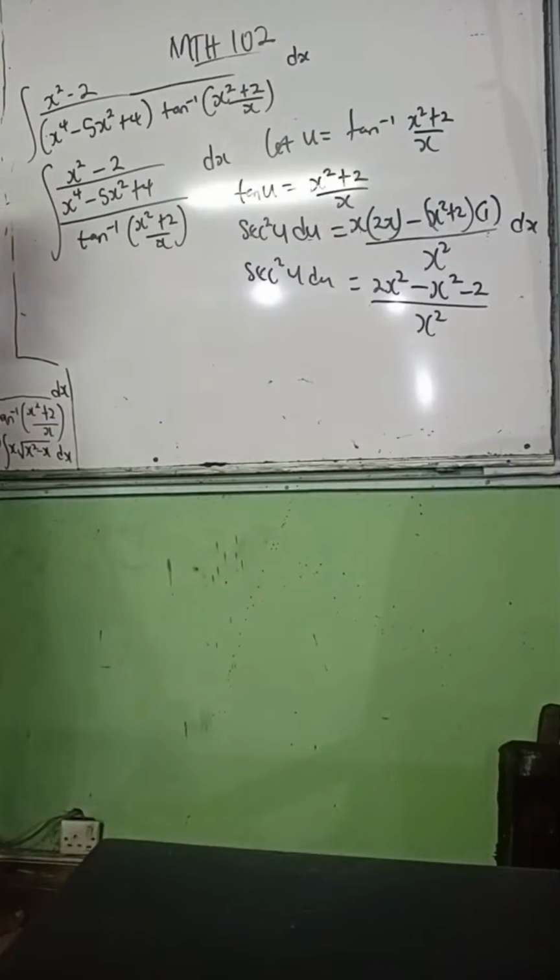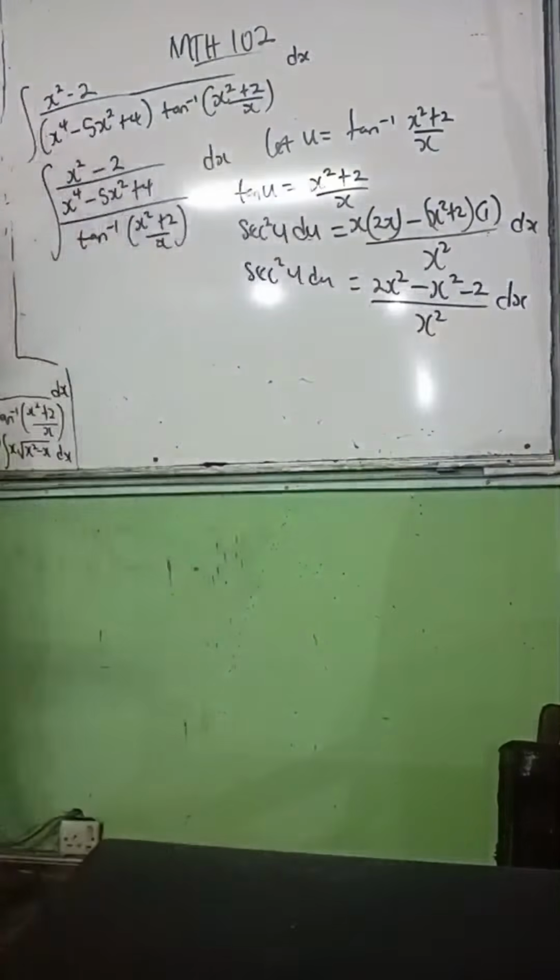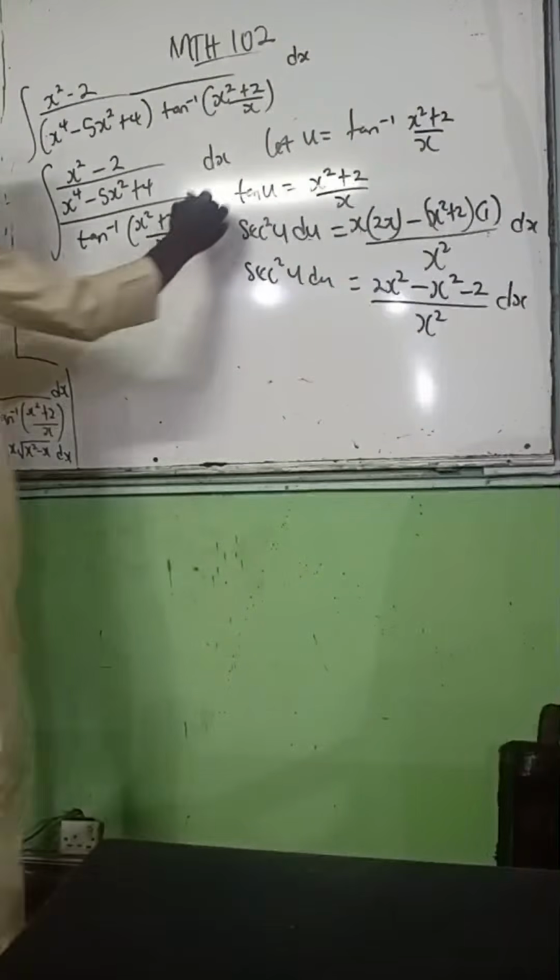What's sec squared u? sec squared u is 1 plus tan squared u.